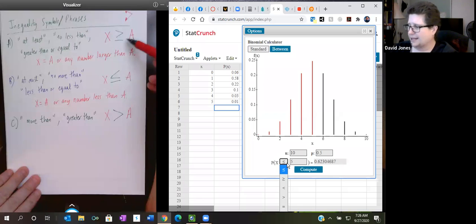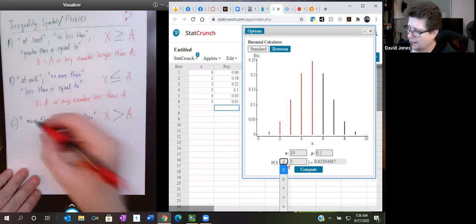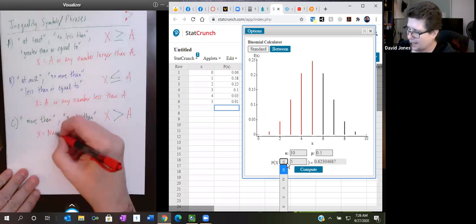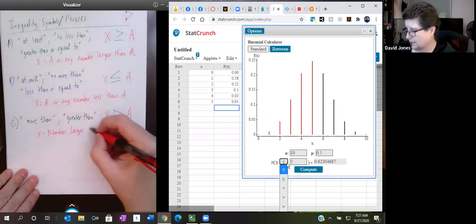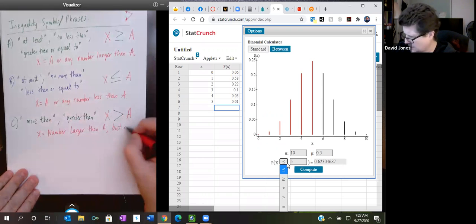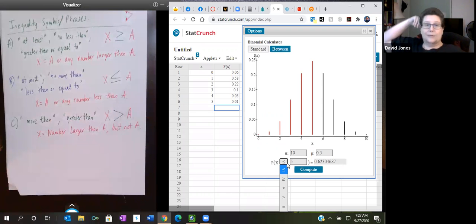The line underneath it indicates the adding of the equal part. So if I don't have the equal part, this says X is a number larger than A, but not A. So that line underneath means we include the A in the possible outcomes.